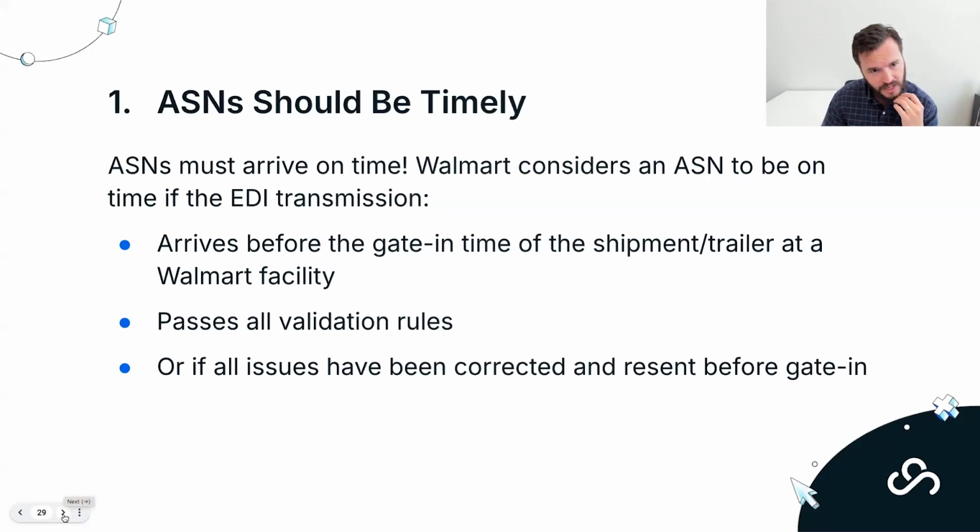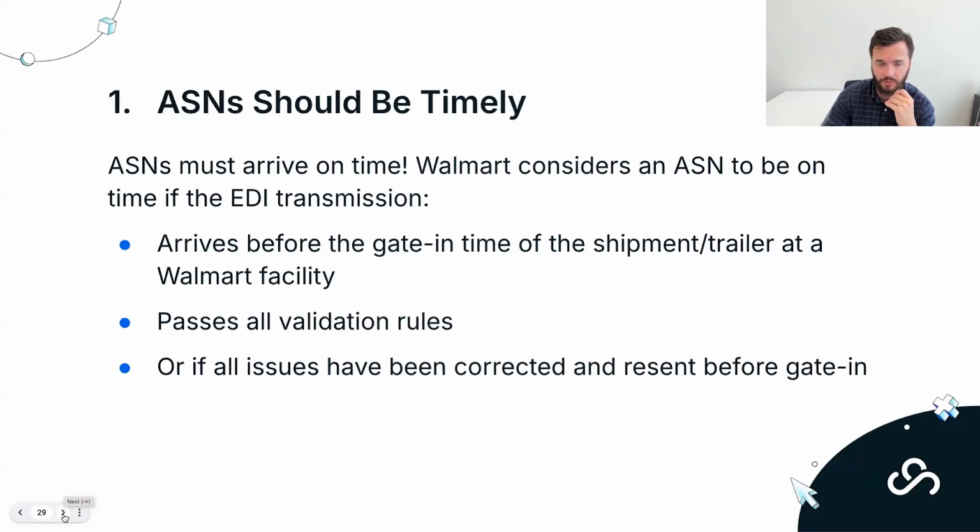But we want to make sure that the ASN is arriving before the gate-in time of the shipment or trailer at the Walmart facility. So however you think it's best to go about that process. A lot of people will send ASNs whenever the shipment is picked up or shipped. Some people have strong opinions about that not being a good best practice, but that's in the past, that's what I've always recommended.